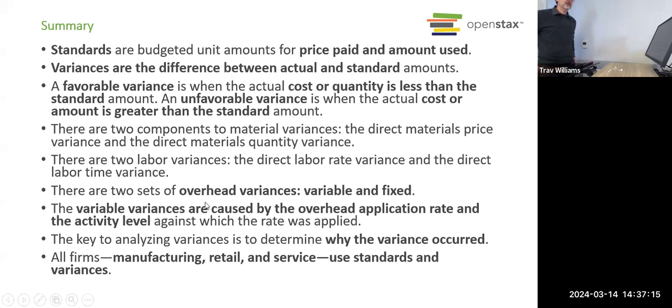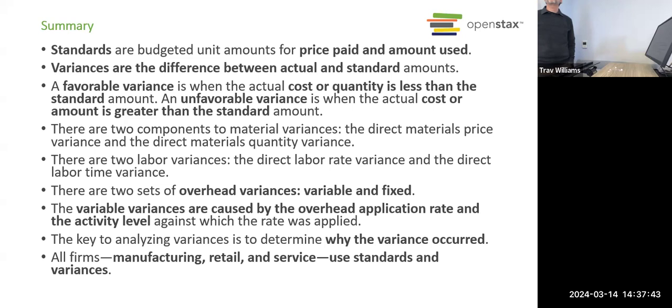For overhead, there is variable and fixed overhead. Mostly in this chapter, we're focusing on the variance of the variable overhead because fixed overhead is less variable, right? Did I say flexible overhead? Fixed overhead, there's no such thing as flexible overhead. Fixed overhead is less variable, so it's not as big of a deal.